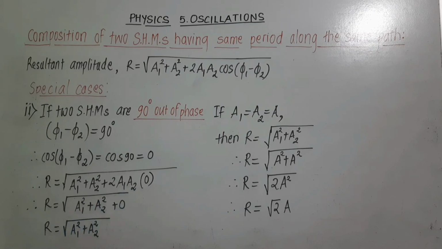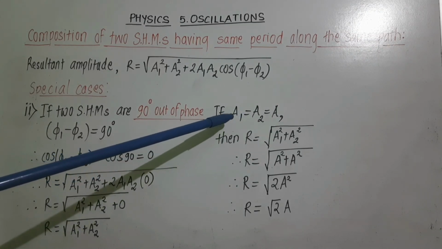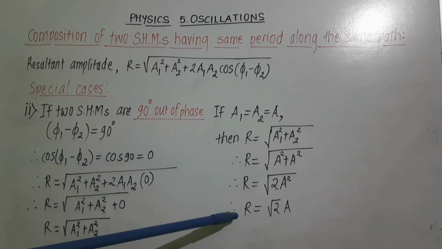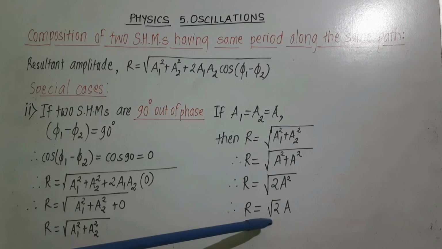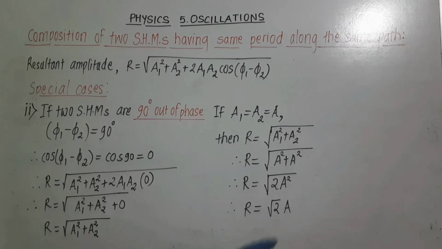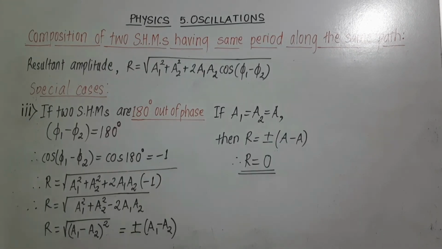So this term is 0 and the resultant amplitude is root of A1 square plus A2 square. Now if the amplitude of the two SHMs is the same in this case, then the resultant amplitude is obtained as R is equal to root 2 into A.